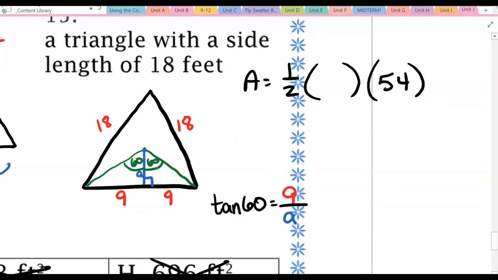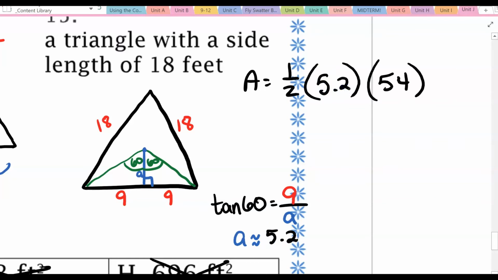So tangent of 60 equals opposite 9 over adjacent A. When I cross multiply, I end up having to do 9 divided by tangent of 60. That gives me an apothem of approximately 5.2.